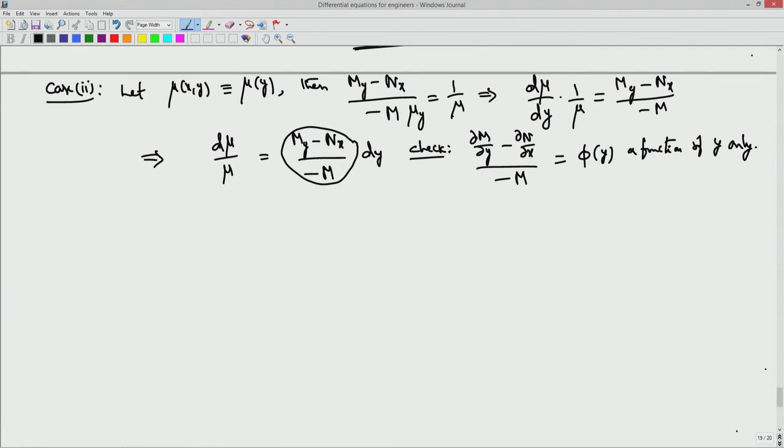So, given a differential equation, in which M and N are known, you calculate this. If it is only a function of y, then you solve this. So, by integrating this equation, integration will give me log mu equal to integral phi y dy plus c, which is an arbitrary constant.